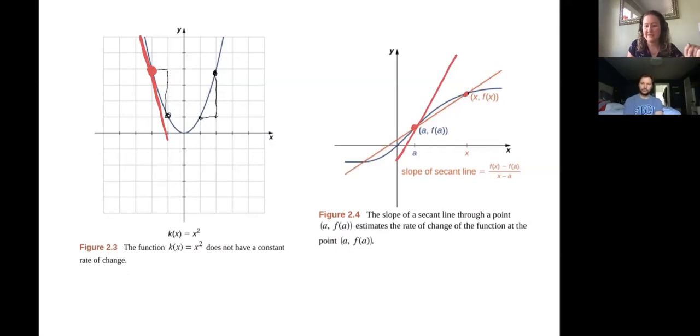By using rise over run, right? So the difference in the y values, f of x minus f of a, and the difference in the x values. Now for this particular example, since this point is so far away, the slope of this line will be very, very different than the slope of this line. But that's okay, we're going to get to that because we can move this point closer and closer. And that's something that we'll be practicing.